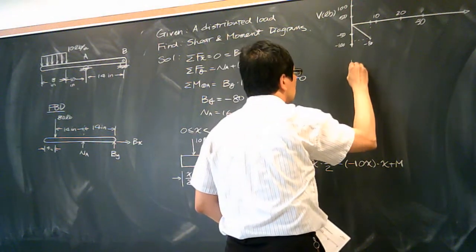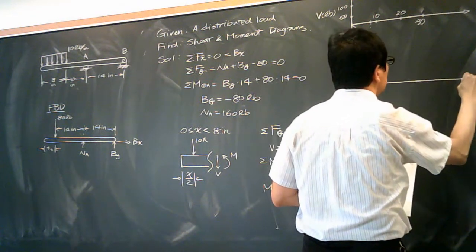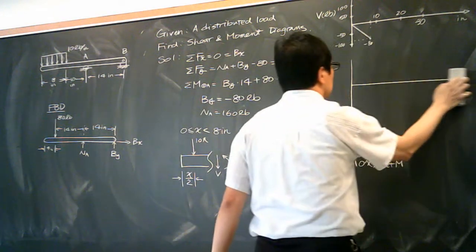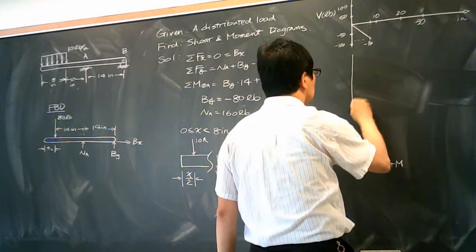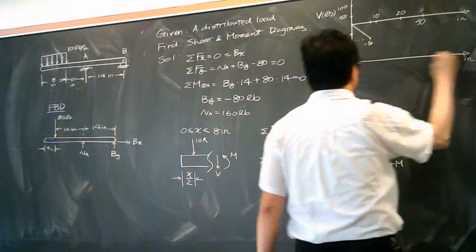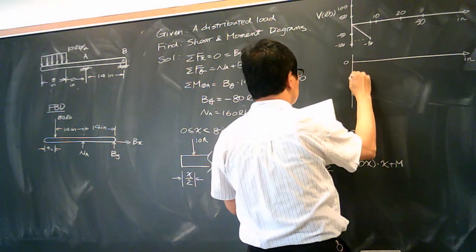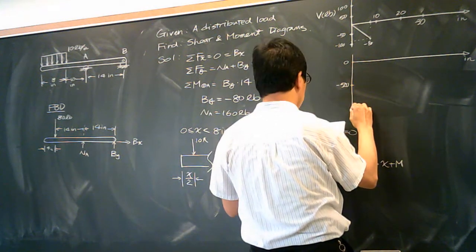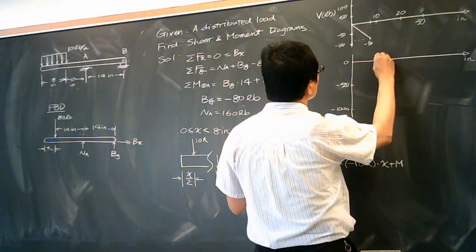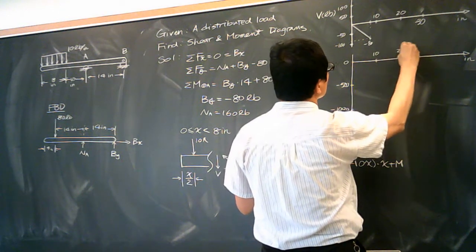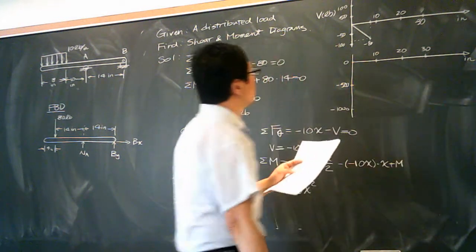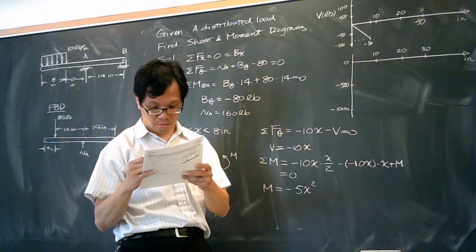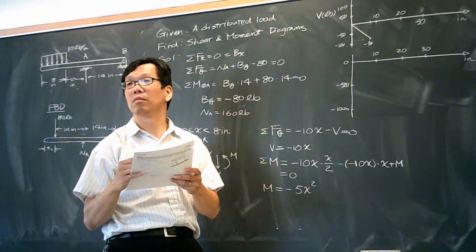For the bending moment, okay, it starts from 0, and when it's at 8 inches, how much do I have over here? 320.